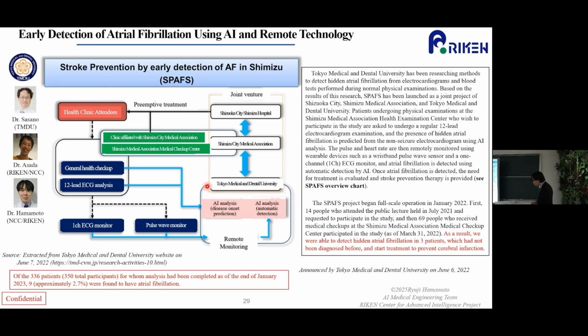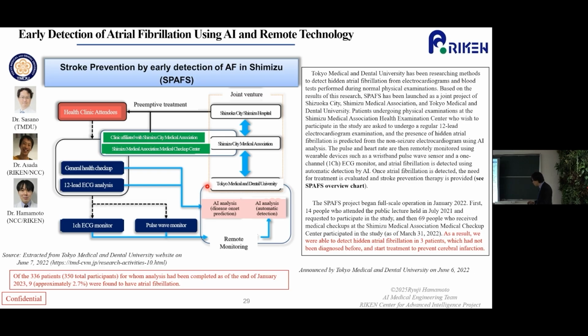So the important point is that, as a result, we were able to detect hidden atrial fibrillation in 3 patients which had not been diagnosed before, and start treatment to prevent cerebral infarction.